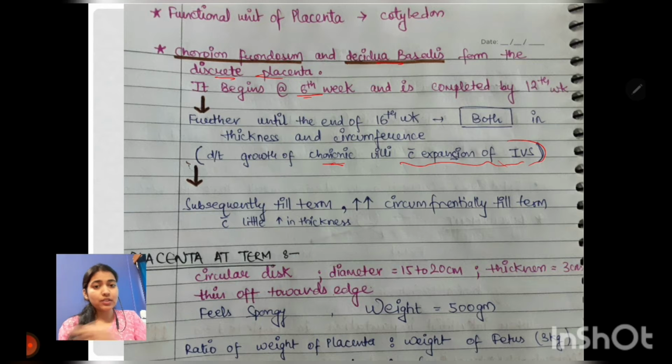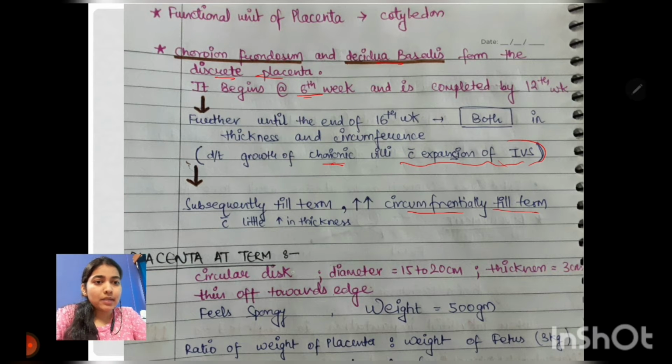but subsequently, till term, it increases circumferentially, and there is very little increase in thickness after the end of the 16th week. Until the 40th week of pregnancy, it increases circumferentially rather than in thickness.